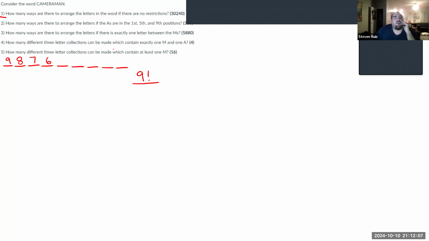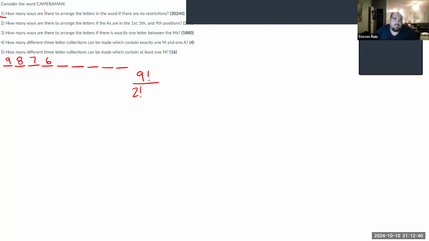But what we have to be aware of is the fact that we have duplicate letters. We have 2 M's that are indistinguishable from each other, so we have to account for that. Here, I'll give you an example. Spelling the word cameraman correctly, leaving it unaltered, is one of these permutations, right? But if I swap the M's, you can't really say that's different.